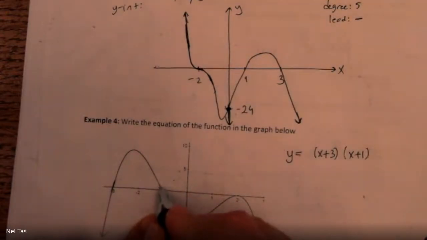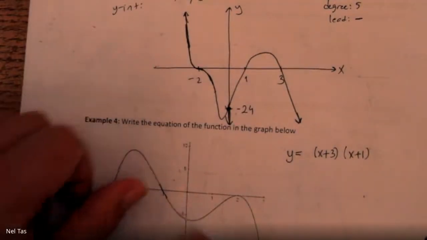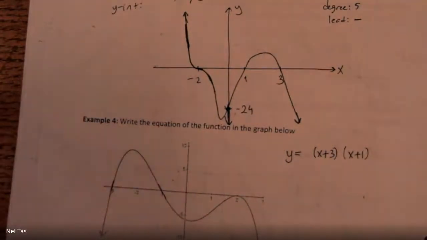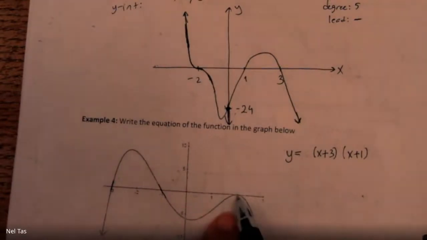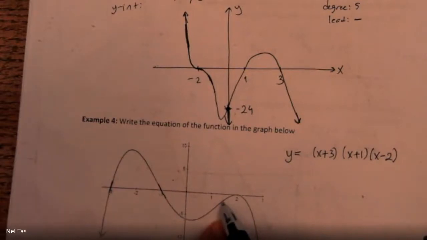Then you check the behavior of the graph. So it is linear behavior, right? In that small region, it looks like a line. So order 1. Okay, then we go to the next x-intercept, 2. That gives us factor x minus 2. Then you check the behavior of the graph around that x-intercept. It is parabolic behavior, right?